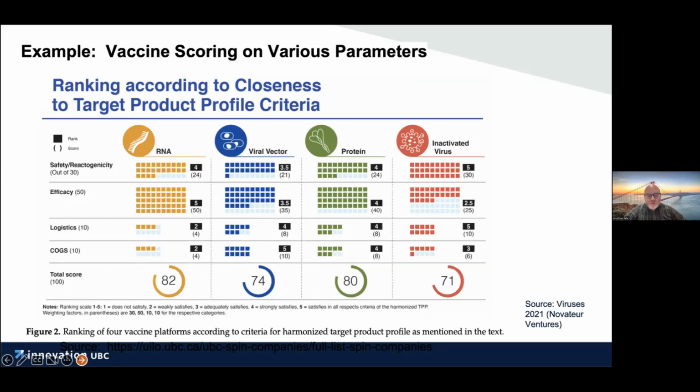But as we've seen, in retrospect, the RNA vaccines are the standard of care, and the inactivated viruses, their efficacy was pretty suspect, unfortunately. So they have a lot of great parameters, but overall, in terms of sales, it's been the RNA vaccines. And I really like how Ali and his team put this together. This is something that we actually use as a scorecard for the internal programs that we're looking at.